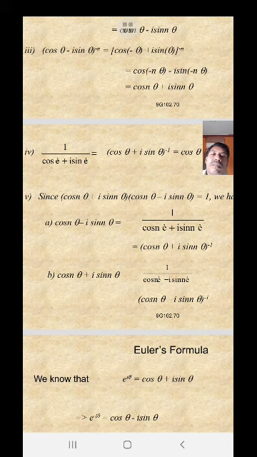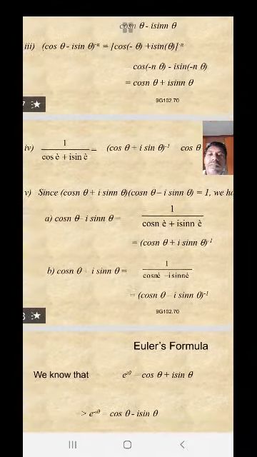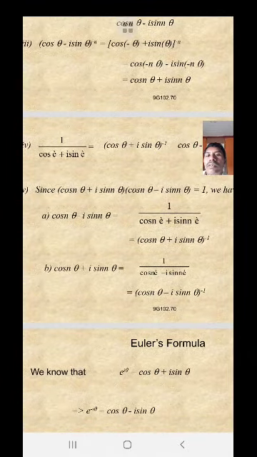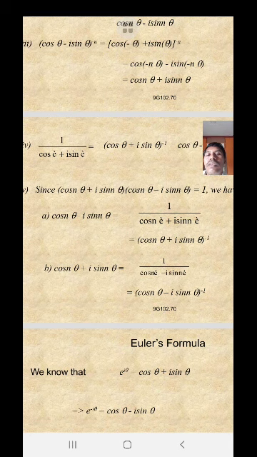Next, fifth point. Since (cos nθ + i sin nθ)(cos nθ − i sin nθ) = 1, we have (a) cos nθ − i sin nθ = 1/(cos nθ + i sin nθ), that equals (cos nθ + i sin nθ)^(−1).